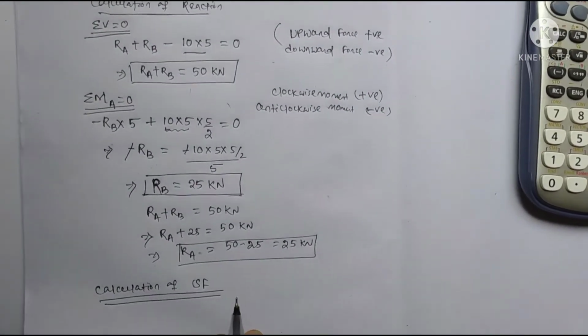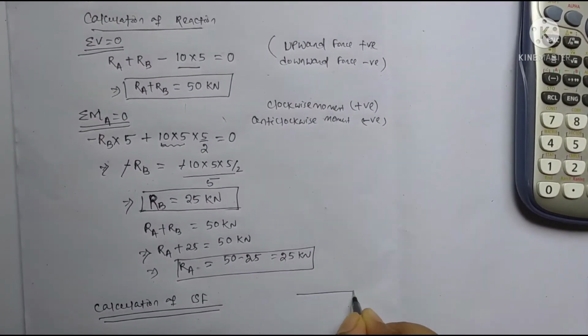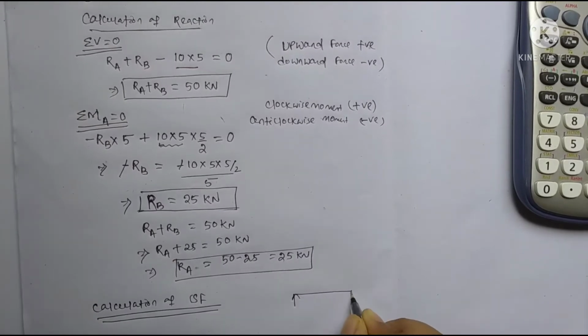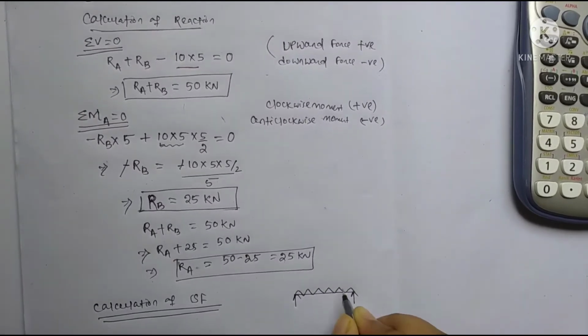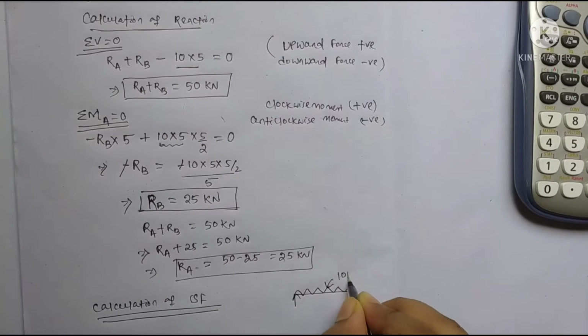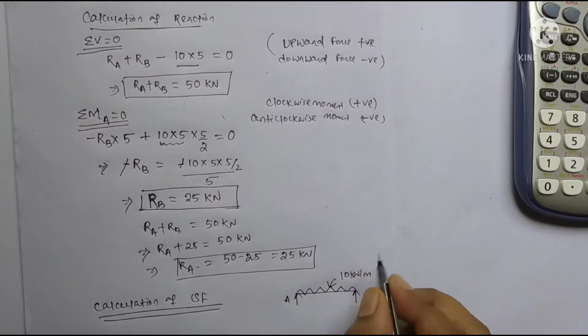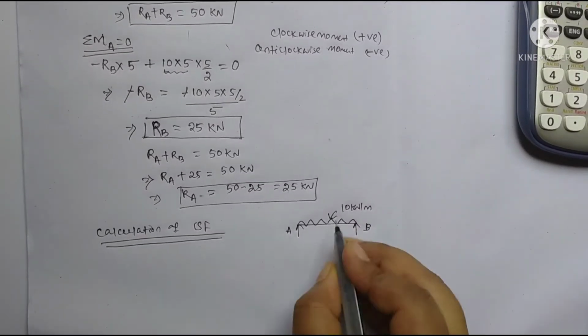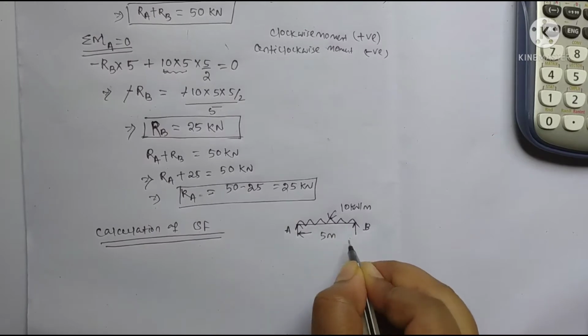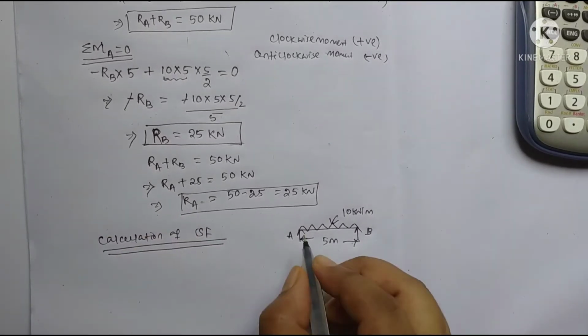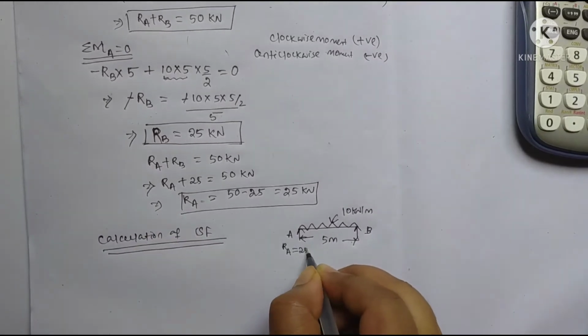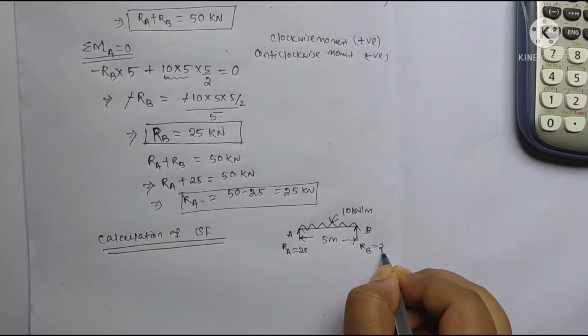Here I draw the diagram again to make calculation easy. 10 kilonewton per meter, that is AB. The distance is 5 meter. RA comes out 25 and RB is also 25.